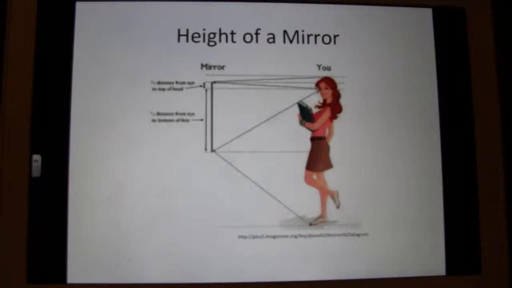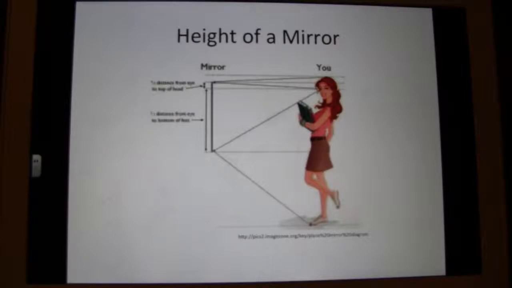How large does a mirror have to be in order to see a reflection of one's entire body? Millions of light rays strike your body and reflect off in all directions. But let's just discuss those rays that leave the top of the object, reflect off the mirror, and enter your eye, and those rays that leave the bottom of the object, reflect off the mirror, and enter your eye.